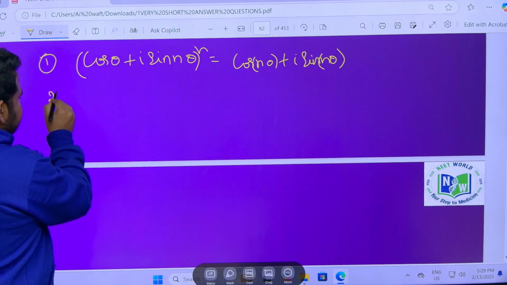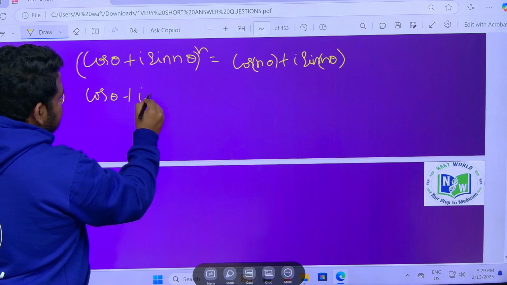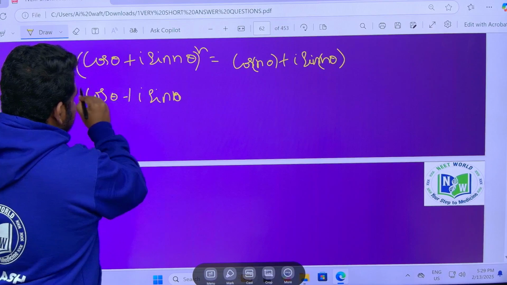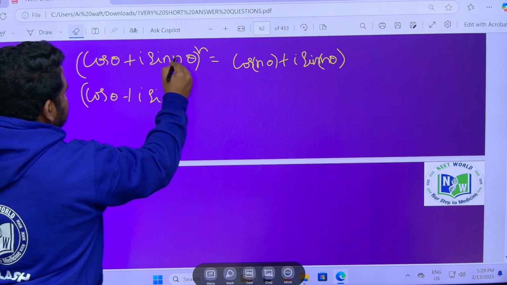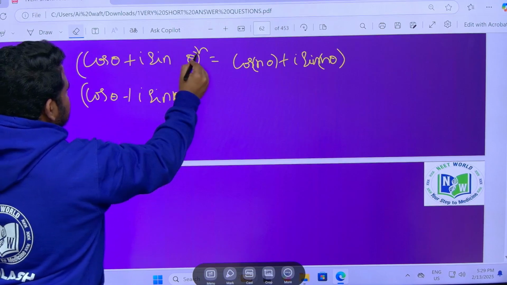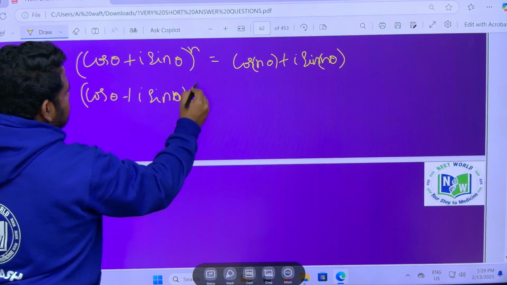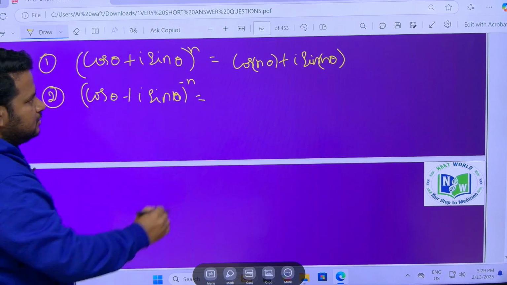Suppose it is given as (cos theta plus i sin theta) to the power of minus 1. Not n theta, it should be just sin theta. If the power is minus n, what will happen?